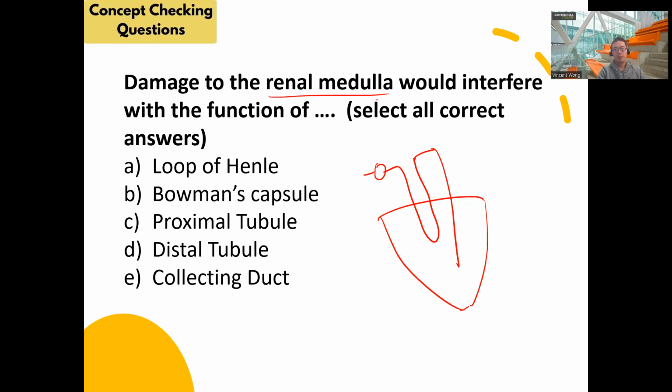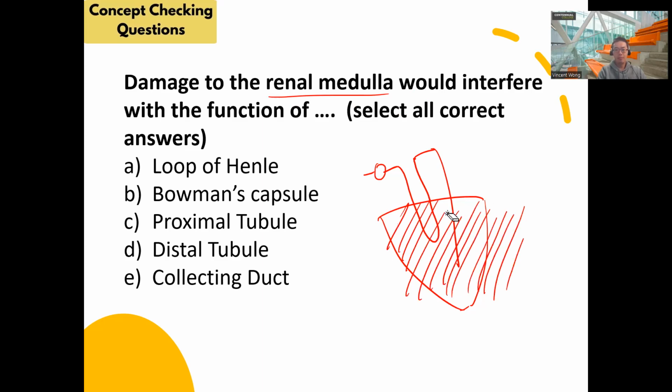If there's damage to the renal medulla, which is this part here, where the pyramid is, then it will affect the loop of Henle as well as the collecting duct. These other things are likely unaffected because they are in the cortex and not the medulla.